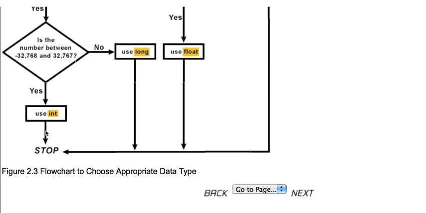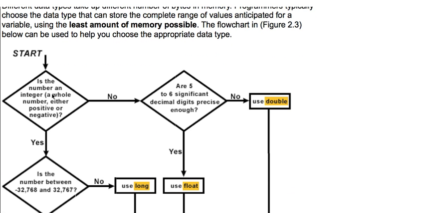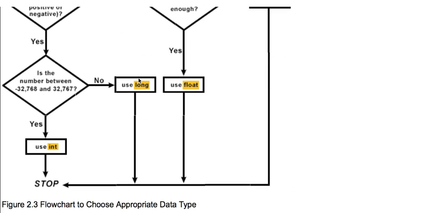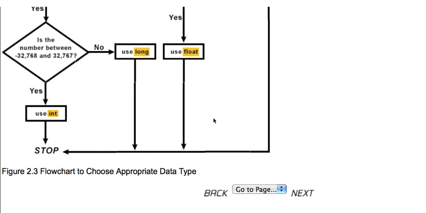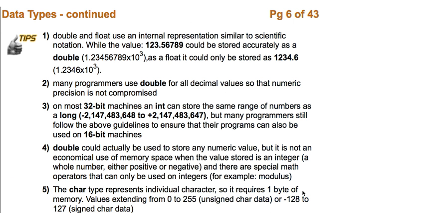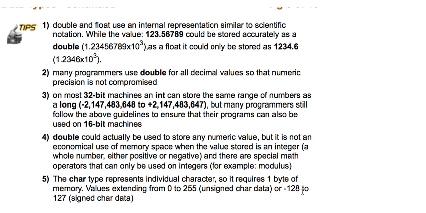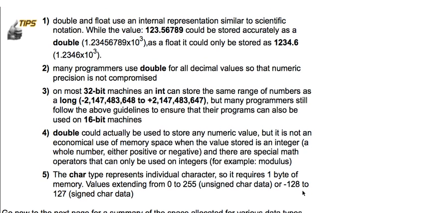As you can see, this flowchart is a good resource for finding the appropriate data type for the value you're trying to store in a variable. Please pause the video if you would like to read more about data types, and give this a nice glance, because it will give you the appropriate ranges that allow you to store values in different data types.